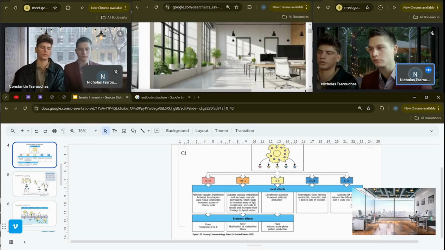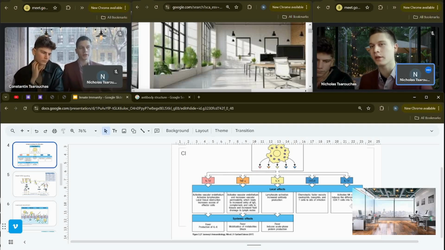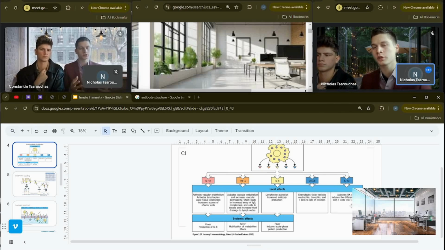It can also activate natural killer cells. And this is because this is your intracellular immune response. So there's communication here with natural killer cells to kill the cells that have been infected, to stop pathogen spread.